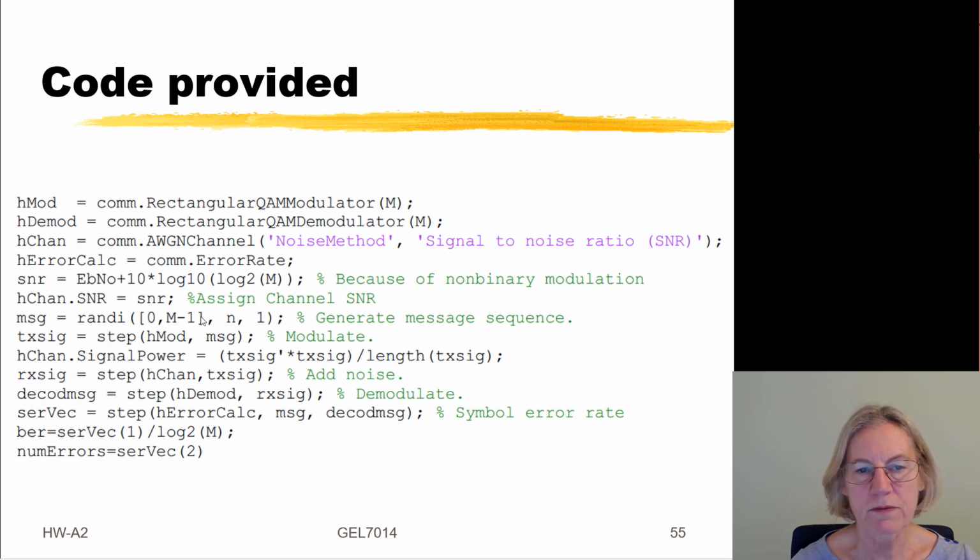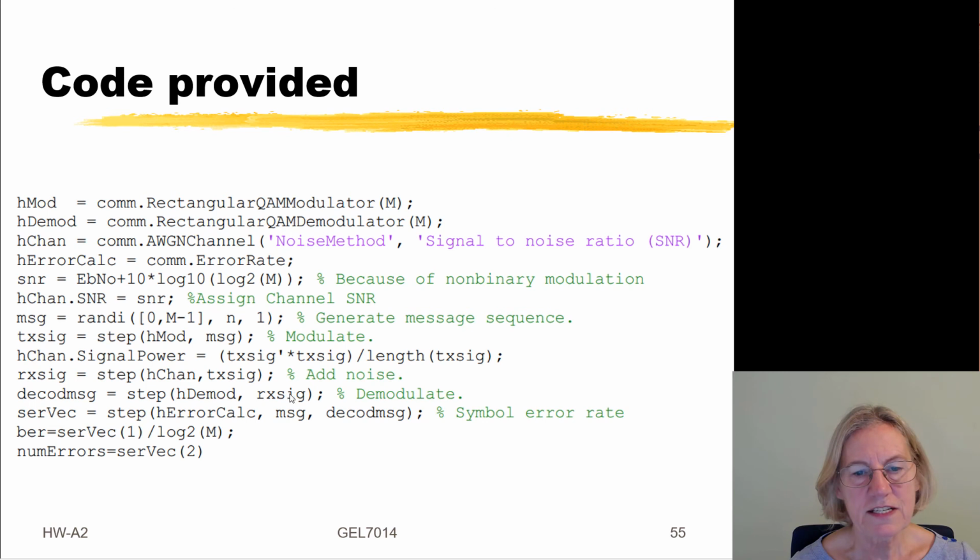And of course, I'm going to be having random symbols between 0 and M minus 1. So then I actually send this message through my modulator. So I turn a sequence of symbols into points in the constellation. And I normalize the power, and then I send it through the channel. And the channel is, like I said, just an all-pass additive white Gaussian noise channel.